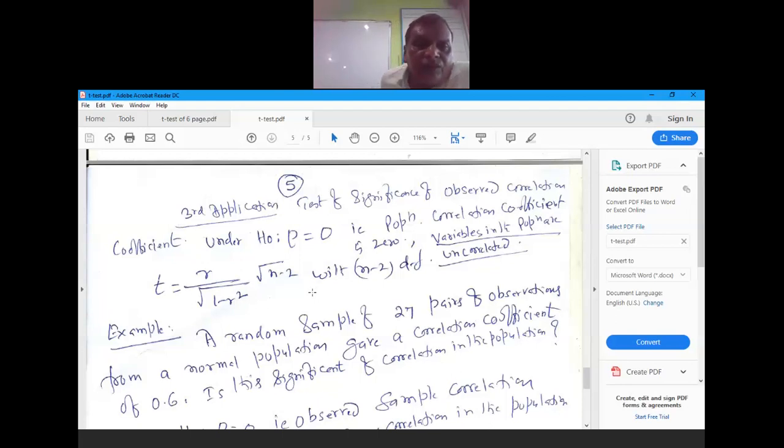So under H naught you may write H naught, that is rho is equal to 0. Rho, that is your population correlation coefficient.